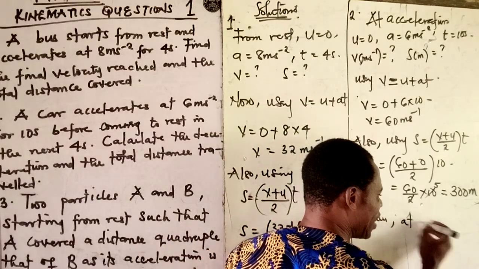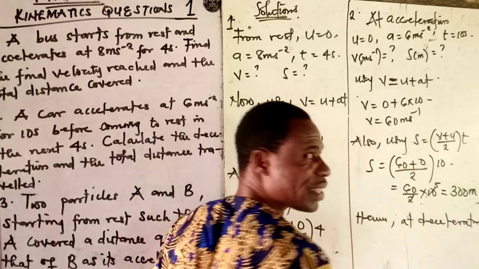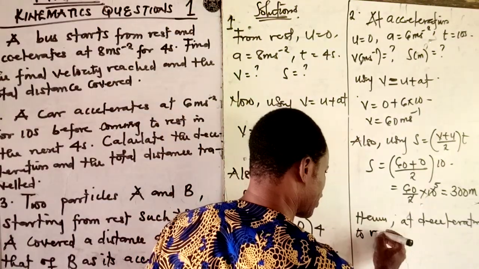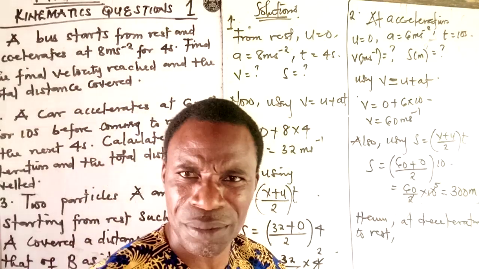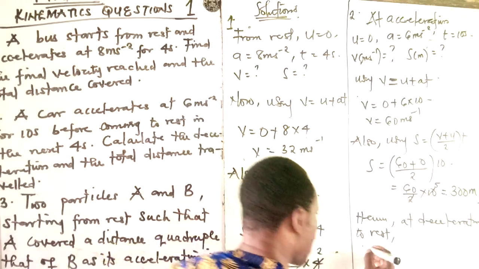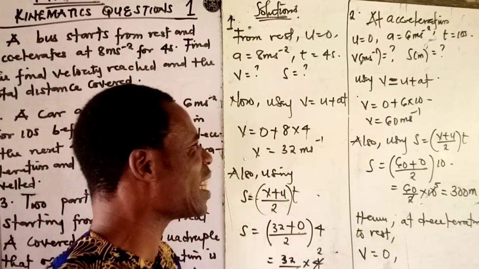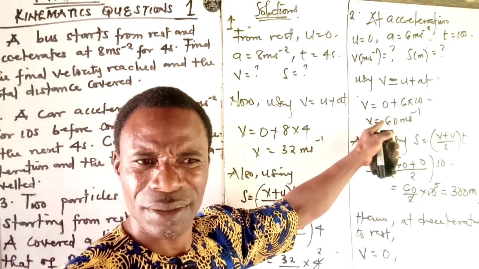Hence, let's look at it at deceleration, to rest. At deceleration to rest, we know it comes to rest. When it comes to rest, final velocity V is 0. Initial velocity is the velocity it reached before applying the brake.